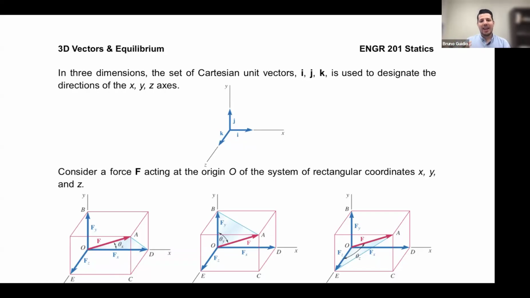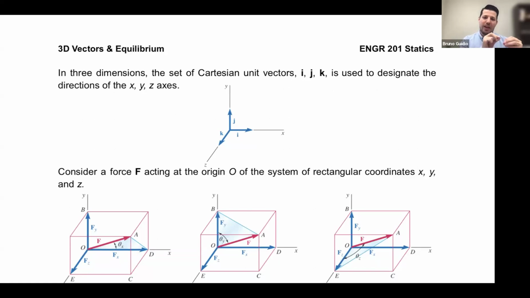And then at the end of the lecture, I introduced the equilibrium equations, okay? Meaning that when we have a bunch of forces applied in an engineering problem, most of the time, at least in this course, we want to find the equilibrium for that body, for that particle, for that structure.